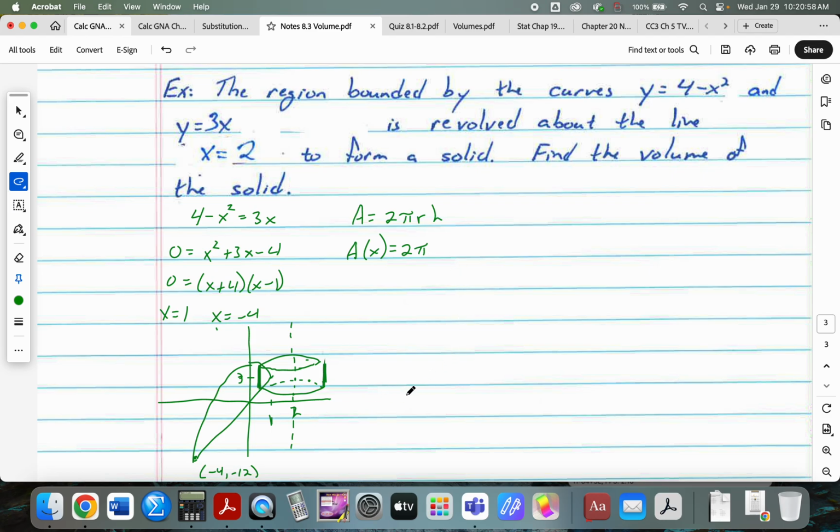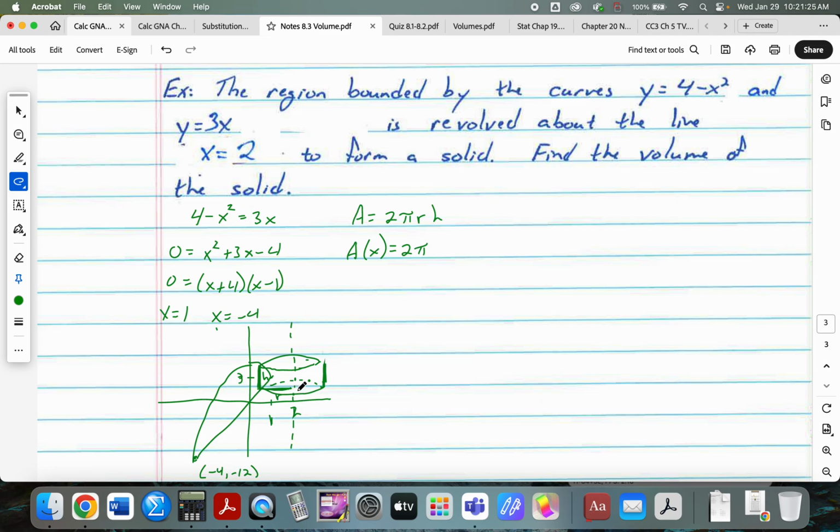Now, this is the one part that's a little bit different. You're like, okay, so how am I supposed to give the radius? Well, the radius will be this distance right here. That's going to be the radius. And this is going to be the height. The height is usually the easier part. The radius is usually the harder part.